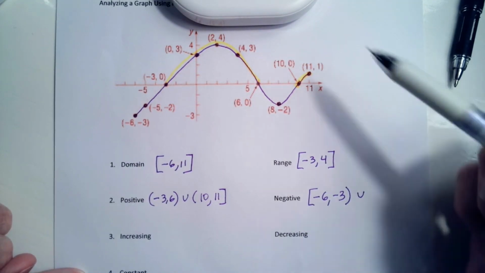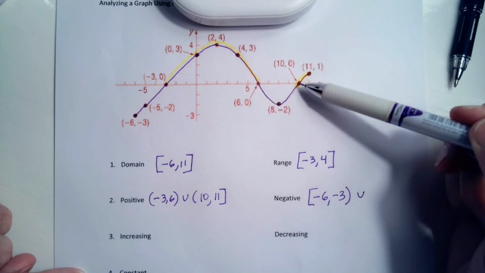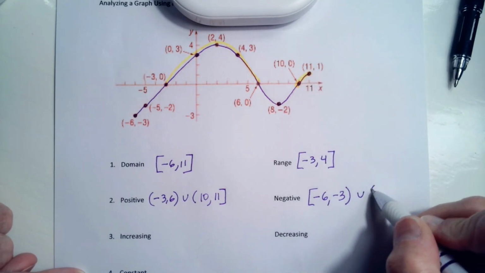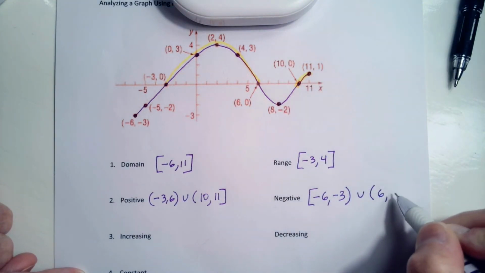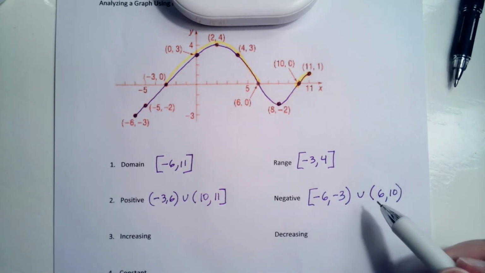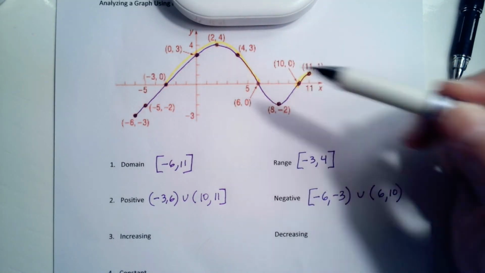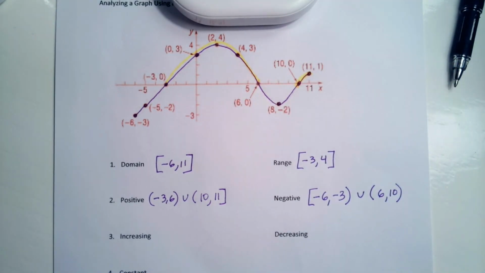In union with, it is negative in this piece as well, and this is between two x-intercepts, so it's going to be parentheses 6, 10 parentheses. At 6 and at 10, the y value is 0, which is not negative.